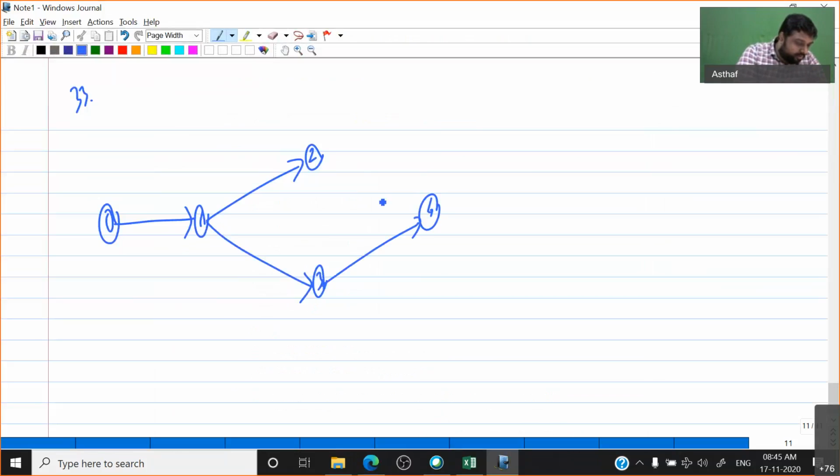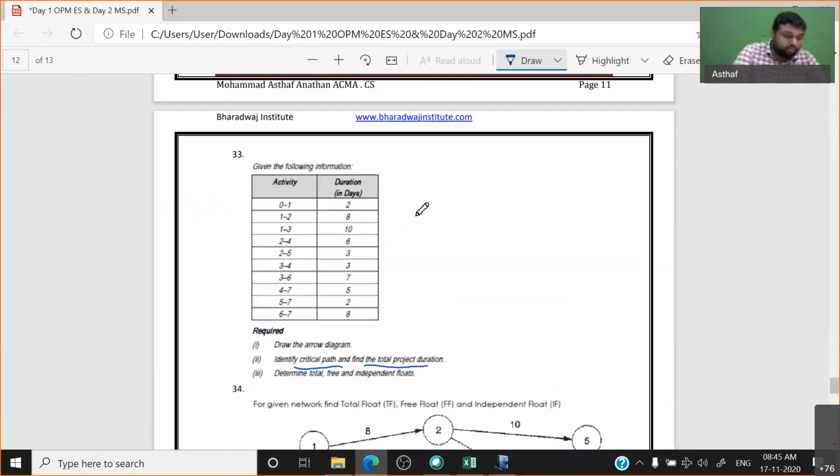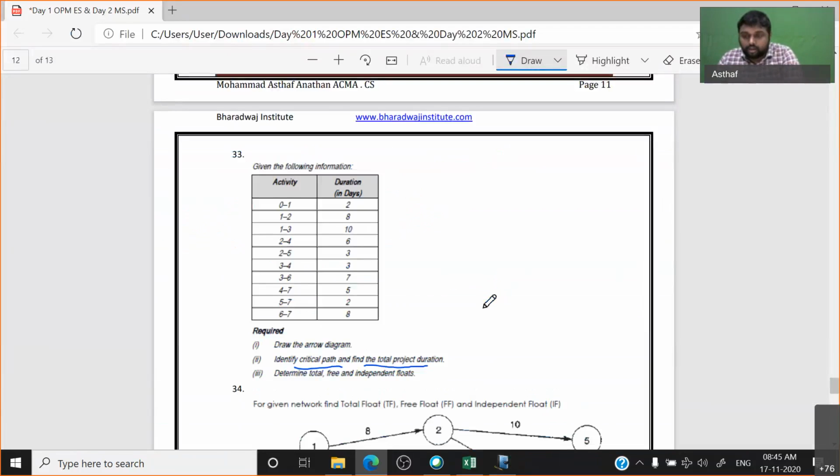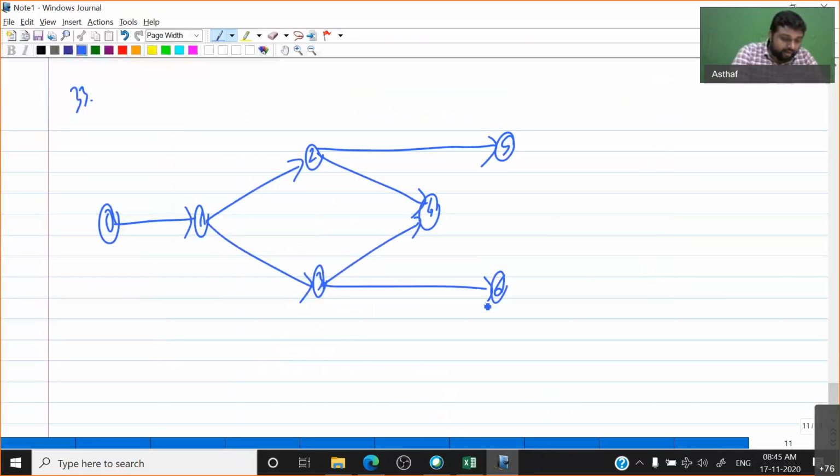Then 2 to 5, 3 to 6. Then 4 to 7, 5 to 7, 6 to 7.